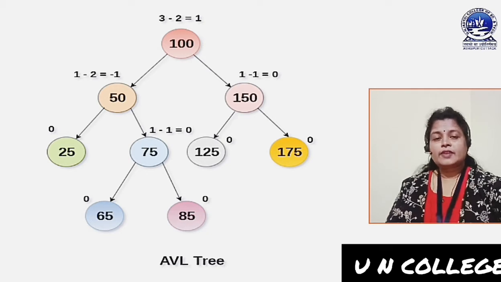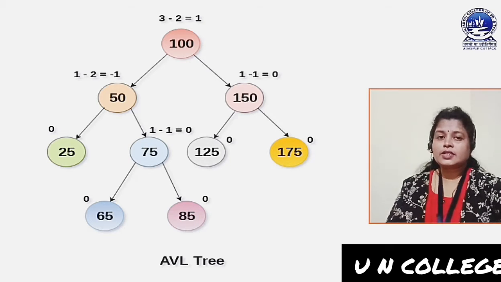Similarly, 25, the left child of 50, has 0 because it does not have any left child or right child. That's why it is 0. It means that it has the left subtree and right subtree at the same level. And 75, which is the right child of 50, has 1 minus 1 equal to 0.